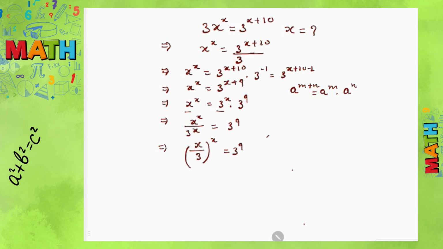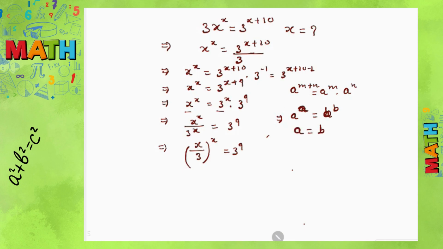And this is where the trick applies. The trick is we have to convert this equation into the form a^a equals b^b. If we can bring it to that situation, then a will be equal to b.